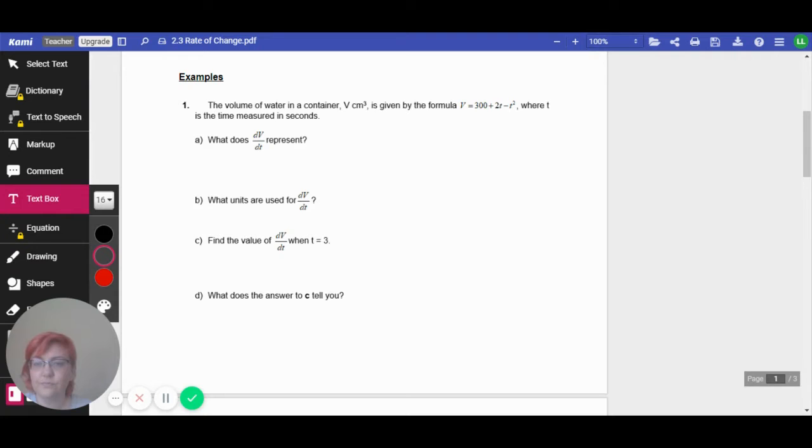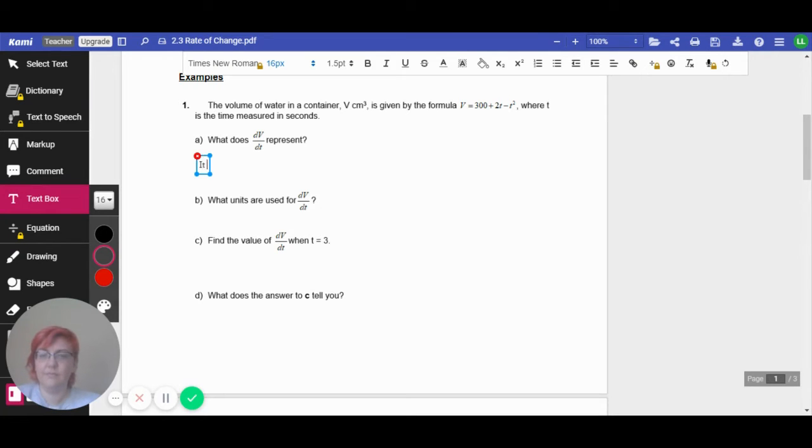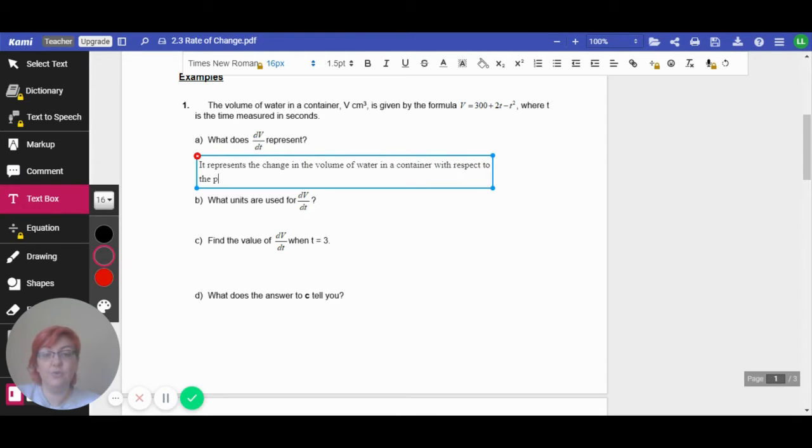Well, it represents the change in the volume of water in a container with respect to the passage of time in seconds.